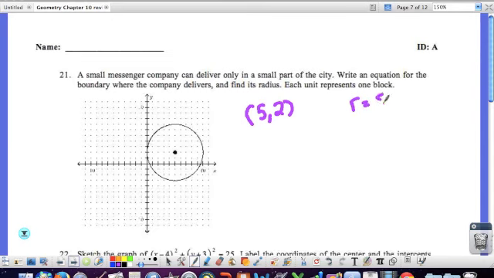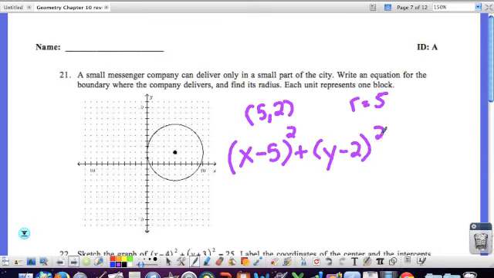The radius is 5. You can go 5 to the east, 5 to the west, 5 north, 5 south, and 5 at any angle in between. So x minus 5 quantity squared plus y minus 2 quantity squared equals 25.